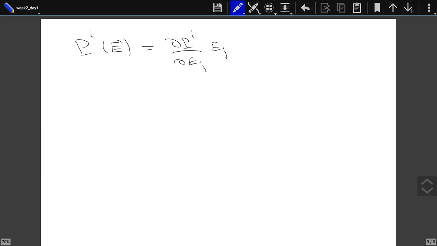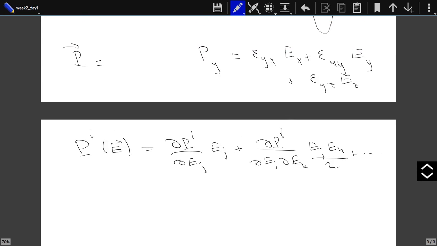This is the linear term, plus the second derivative of P_i with respect to E_j, E_k, times E_j E_k over 2, plus the other terms. So for a general medium, there's no reason for these terms to be absent. By the way, this is a rank 2 tensor over here. It carries two-direction information. This is a rank 3 tensor. It's just some vector whose derivatives are taken with respect to two other vectors, basically.